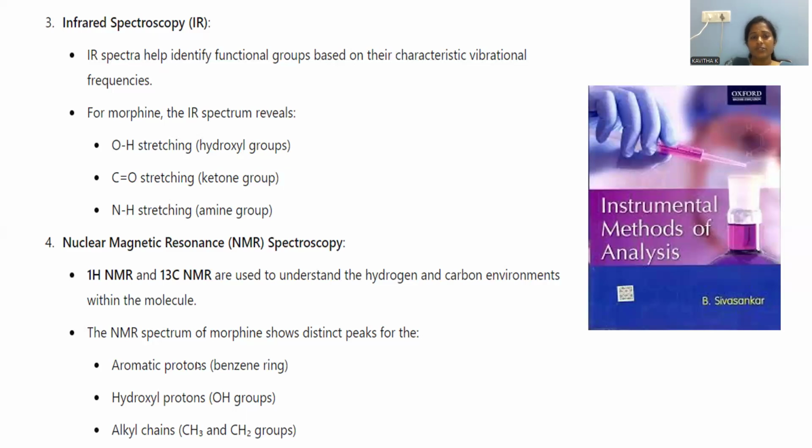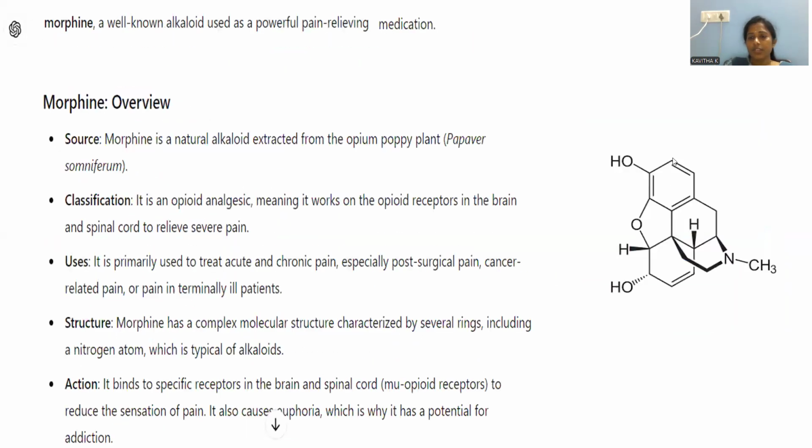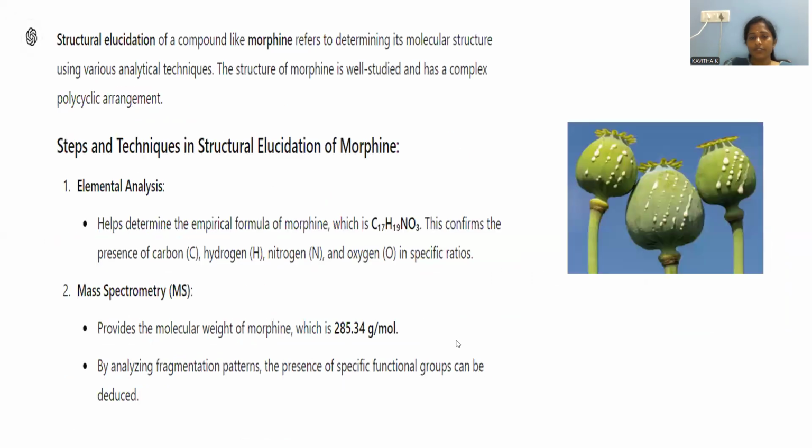Nuclear magnetic resonance spectroscopy. Proton NMR and C13 NMR spectroscopy have the characteristic to identify the nature of hydrogen and the nature of carbon as well, right? Hydrogen and carbon environments within the molecule can be identified by proton NMR and C13 NMR spectroscopy. The NMR spectrum depicts peaks of aromatic protons. Where can you find an aromatic ring? Here is the benzene ring, so aromatic protons will be identified within the molecule.